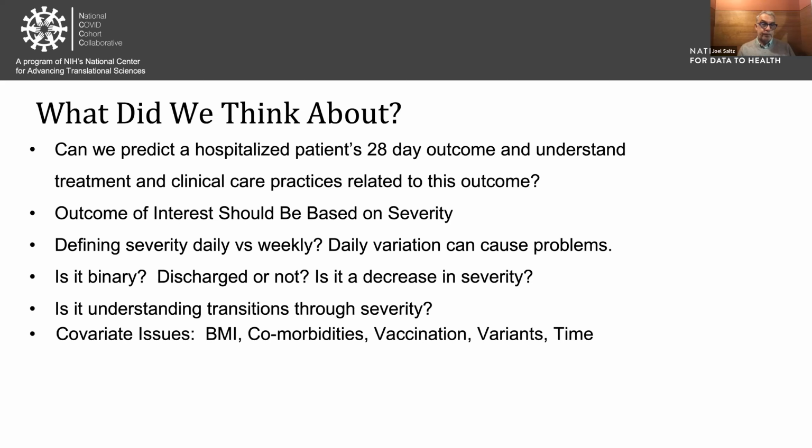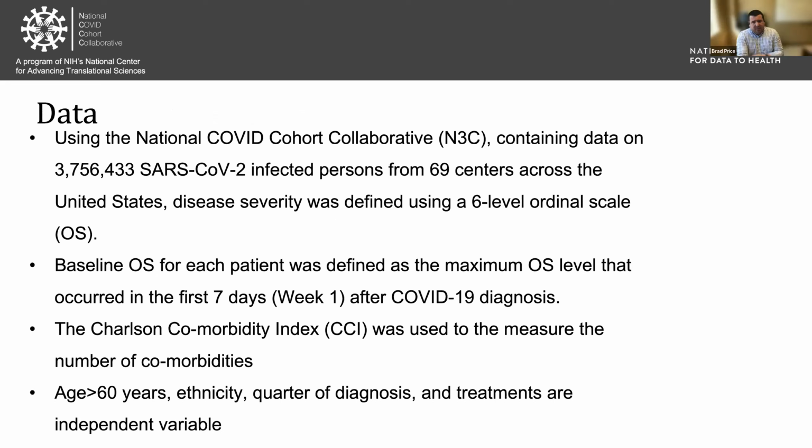All right. So when we used N3C for this particular study, there were about 3.7 million infected persons from 69 centers. We used our ordinal scale, and then we set a baseline ordinal scale for each patient as the maximum ordinal scale that occurred in the first 7 days after COVID-19 diagnosis.